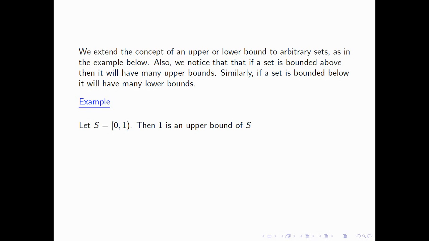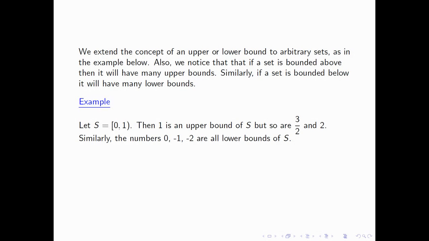That's the case here. So remember, this interval, the set S, is by definition the set of elements between 0, including 0, and 1, excluding 1. And so 1 is an upper bound of S. But also 1.5 and 2, these are all upper bounds.